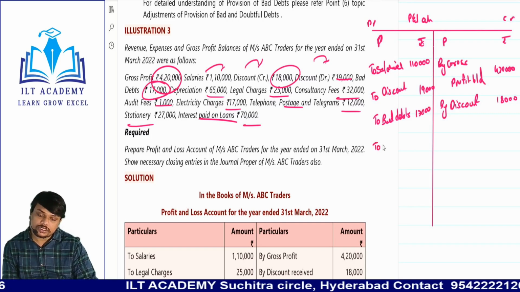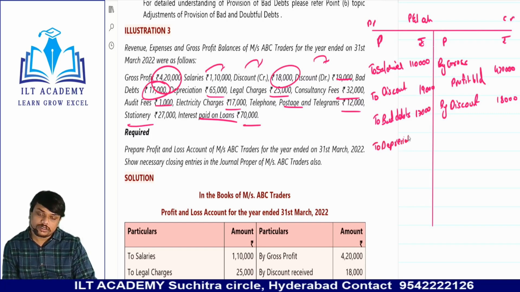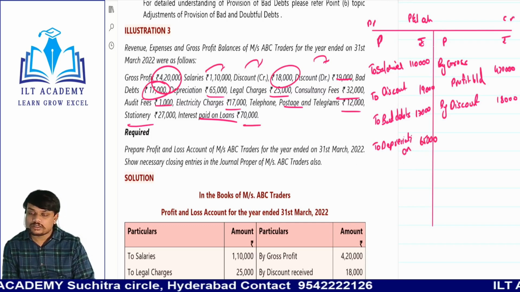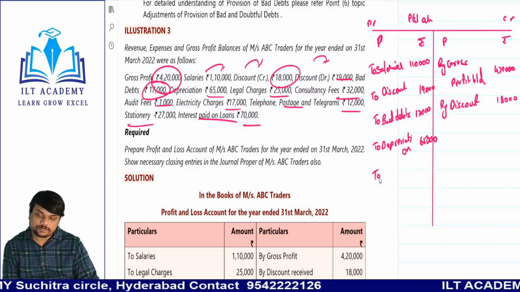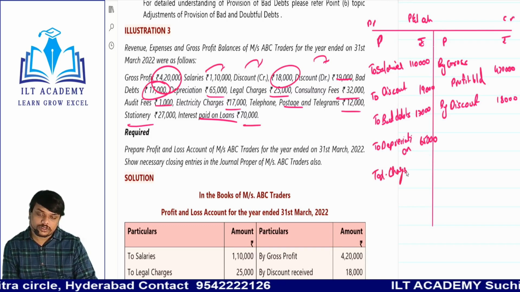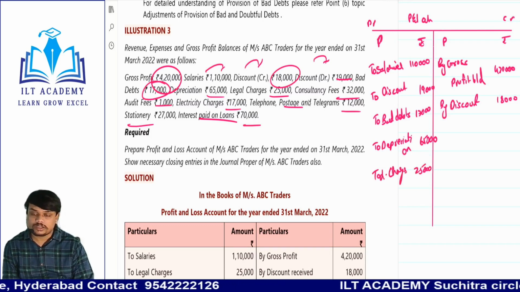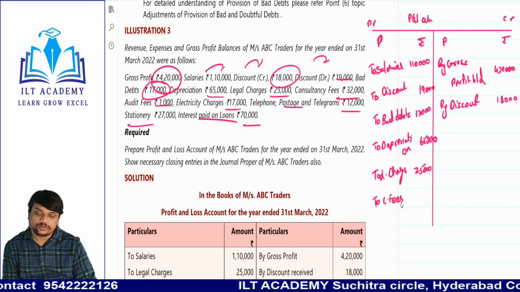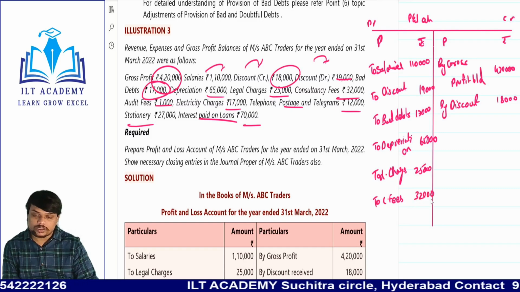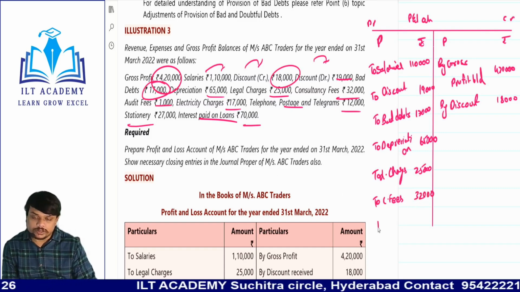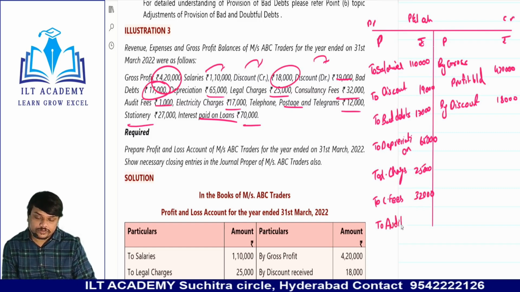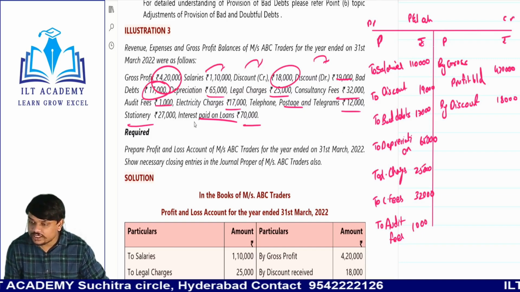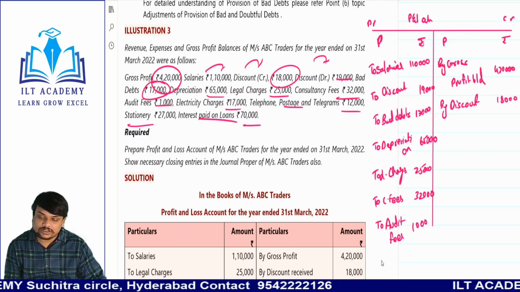Depreciation 65,000. Legal charges 25,000. Next we are having consultancy fees, 32,000, and next audit fees 1,000 rupees. Electricity charges 17,000.